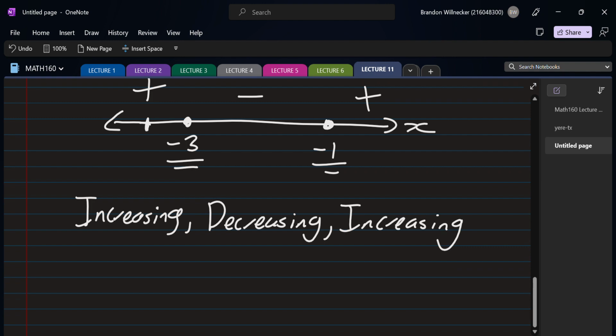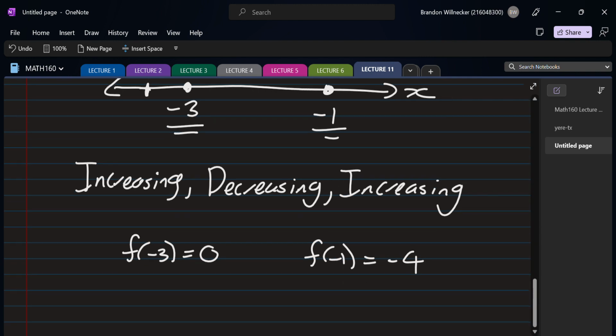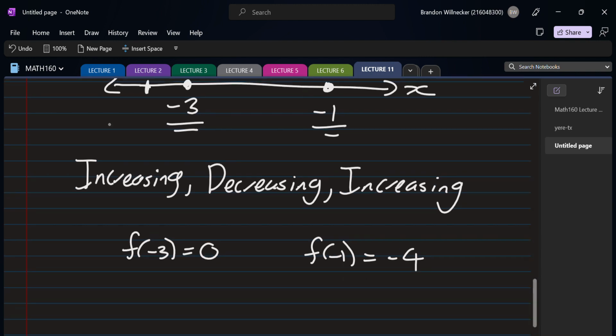So f of -3, that's going to be 0, you can check that. Or you can remember that this was the x-intercept. So you can do the calculation again, or you can check from before. And then f of -1, you can check that. It's going to be -4. Okay, so -3, remember this was our maximum, or local max.